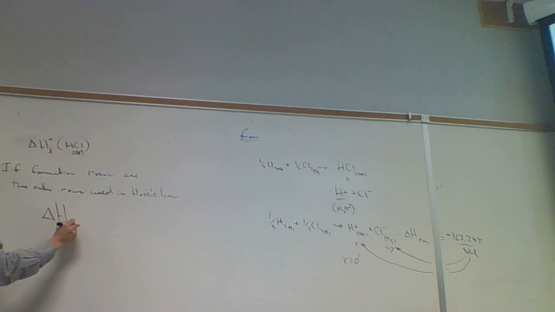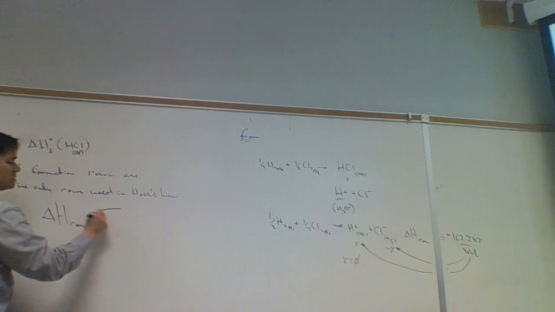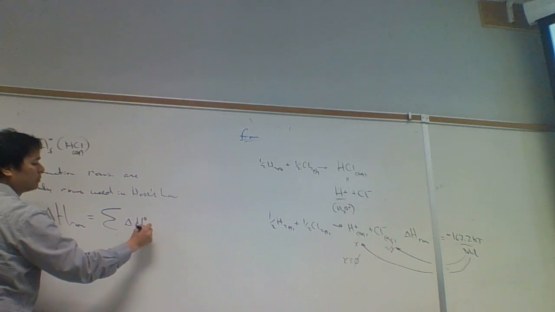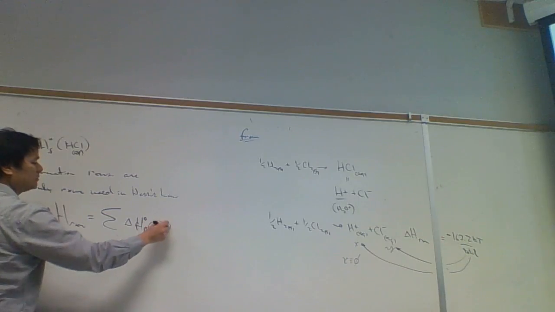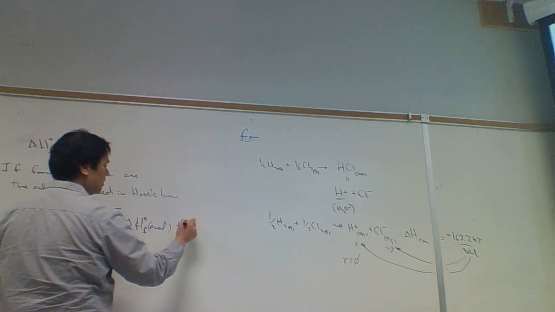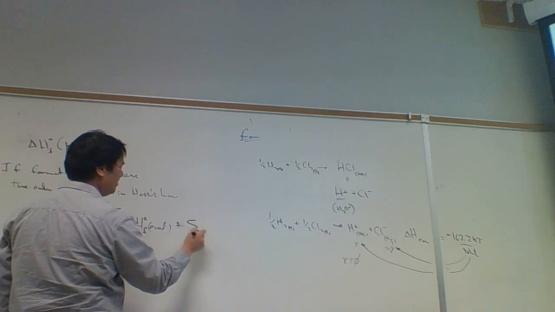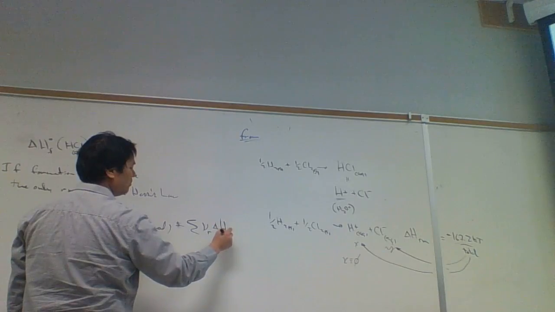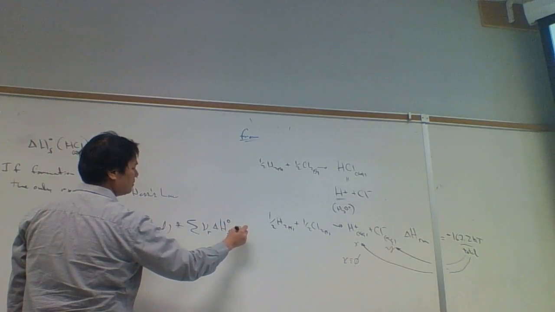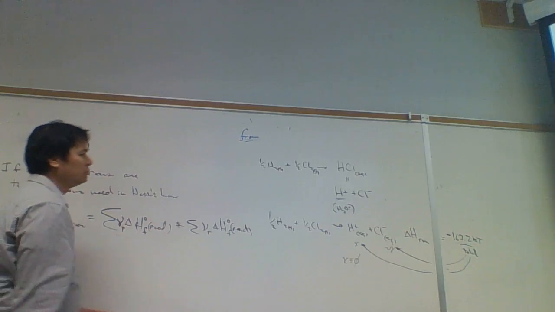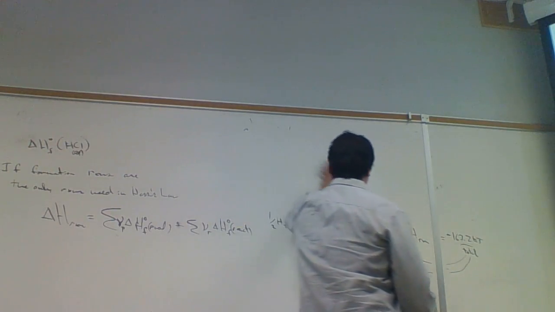Delta H of reaction is equal to the sum of the delta H's of formation of the products. This is what we call nu P. Minus the sum of the nu R, delta H of formation of the reactants. Okay, this nu just is a stoichiometric coefficient, how many moles of it we have.